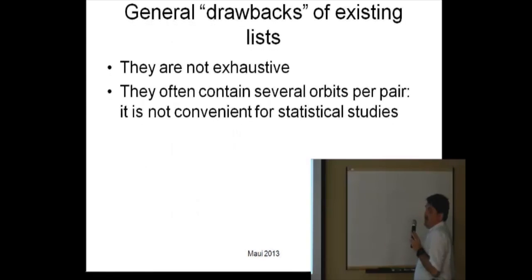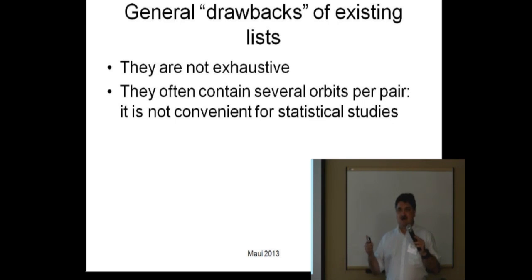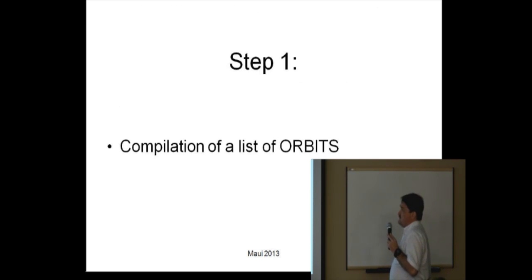General drawbacks of these two existing lists from our point of view: they are not exhaustive, and they often contain several orbits per pair. That is extremely useful for the study of a particular orbital binary, but it is inconvenient for us when we do statistics of orbital binaries and would like to count a particular pair once and only once. So our step one was the compilation of a list of orbits.